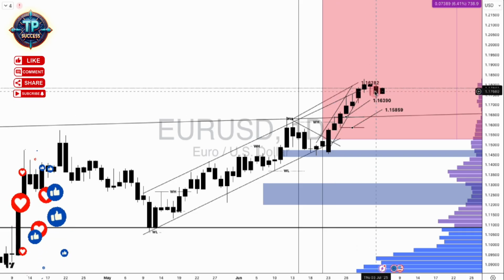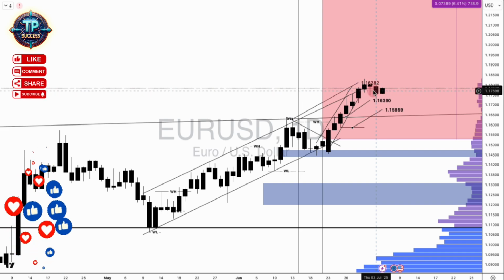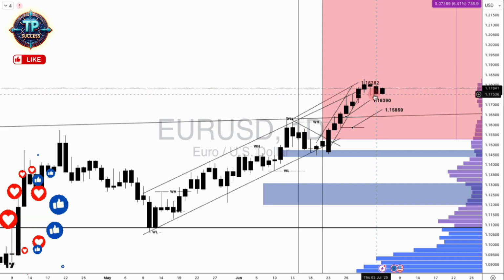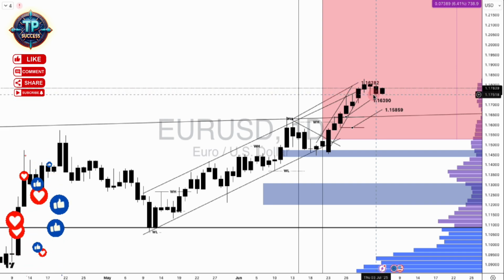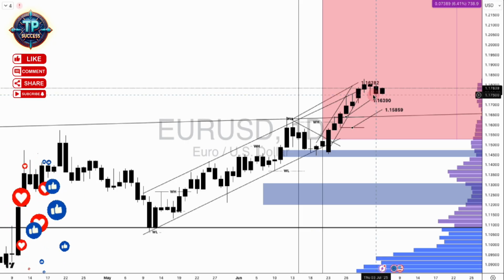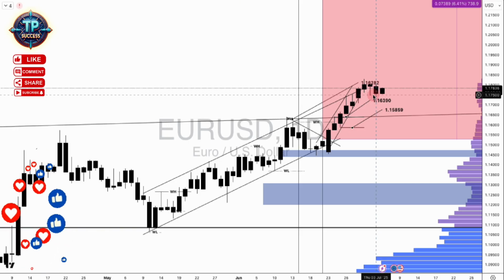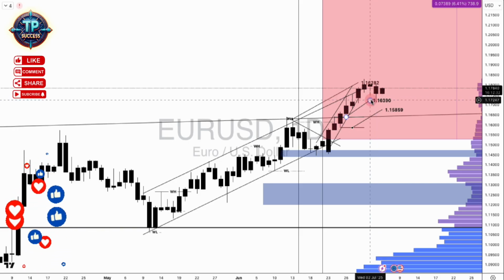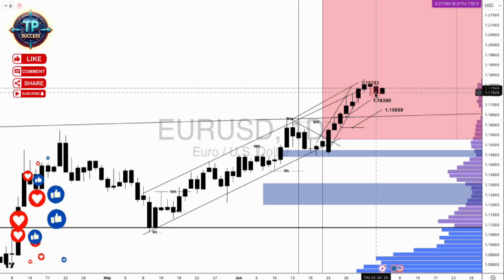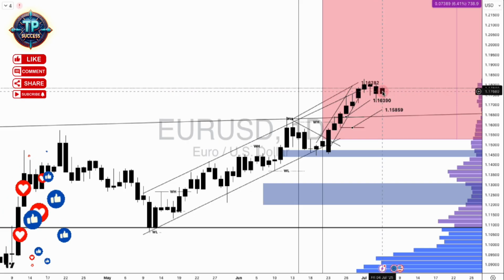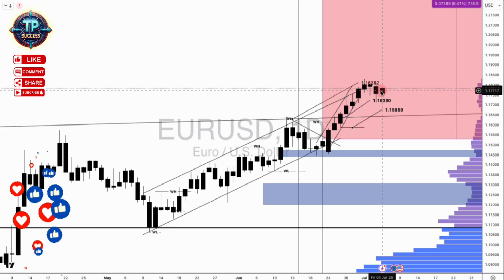We had a small pullback yesterday, right? That was because we had data come out yesterday due to the holiday in America today, I think it's 4th of July. Yeah, holiday in America today, right? So NFP came out yesterday. It moved market down, but as we can see, today's candle is pushing up.